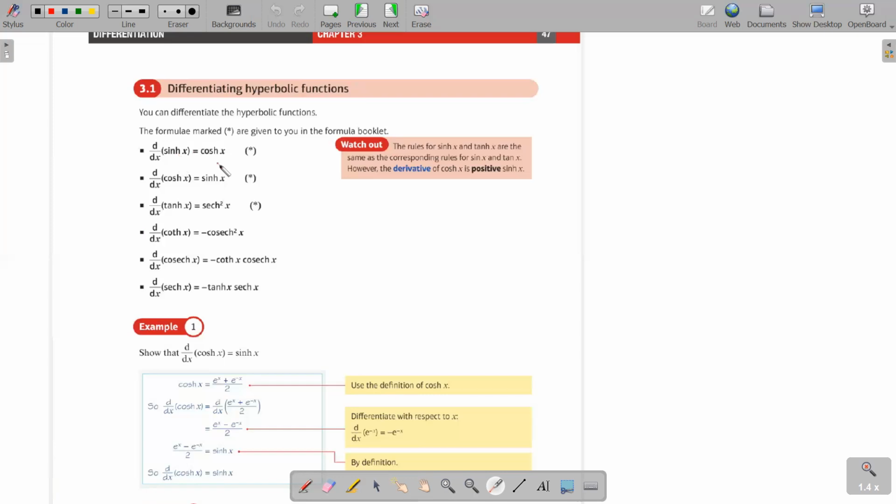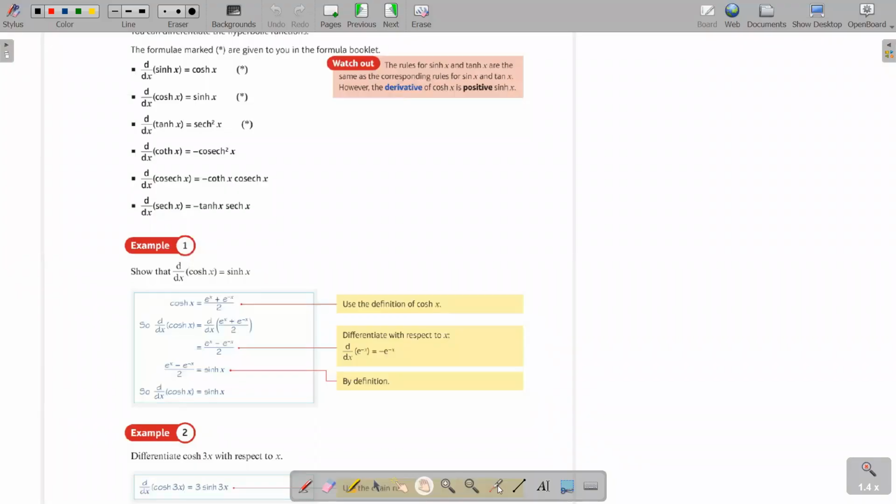Differentiation of sinh is cosh, differentiation of cosh is sinh. Differentiation of tanh is sech square. This looks similar, right? Differentiation of coth is minus cosech square. So these rules actually look kind of similar. Differentiation of cosech x is minus coth x cosech x. So they all look the same as the normal trigonometric ones, right? First of all, make a note of these rules because we will be using them to do the exercises.